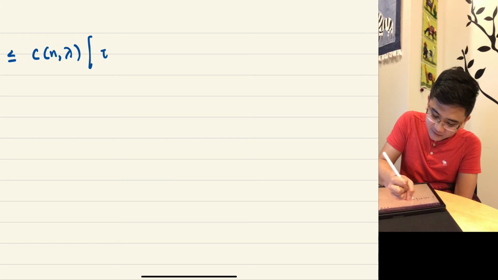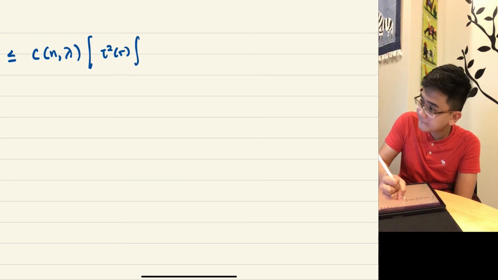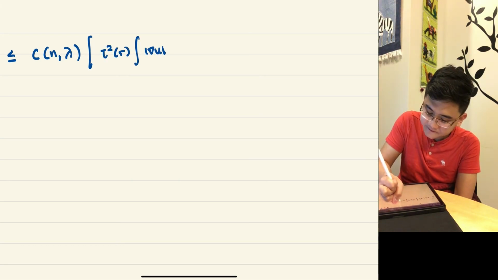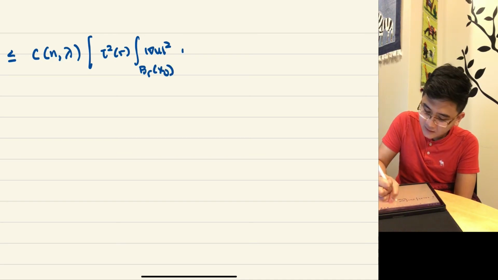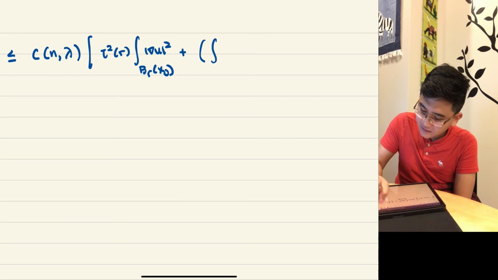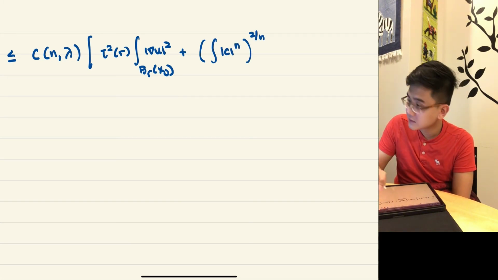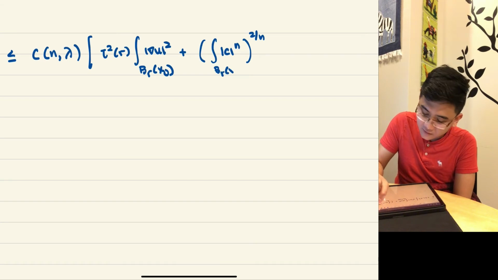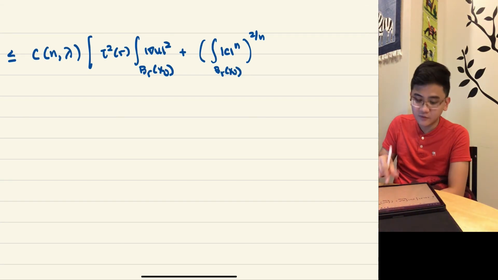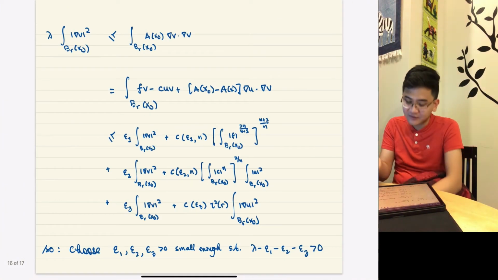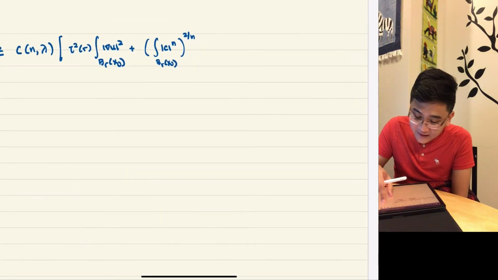I have there tau squared of r, grad u squared on B_R of x0 plus n. So really, I'm just listing down the things that are already here. It's just a lot of writing.